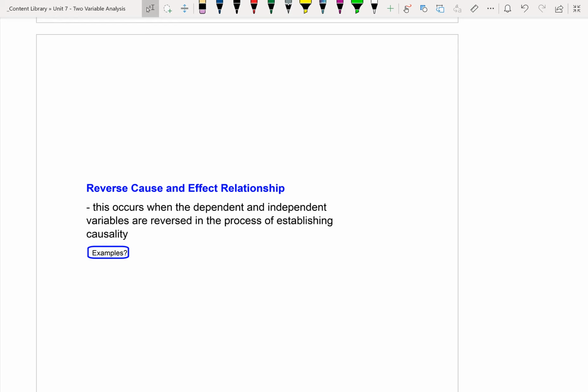However, through the process of actually determining the correlation, you may find that your independent and dependent are actually reversed. So it's actually what you classified as dependent is actually the independent.